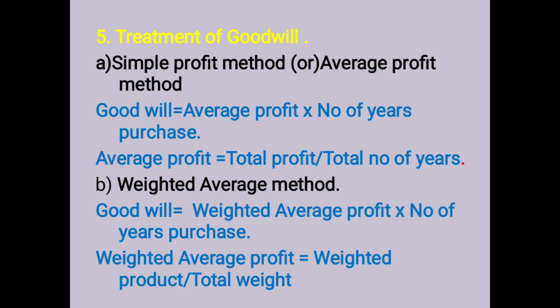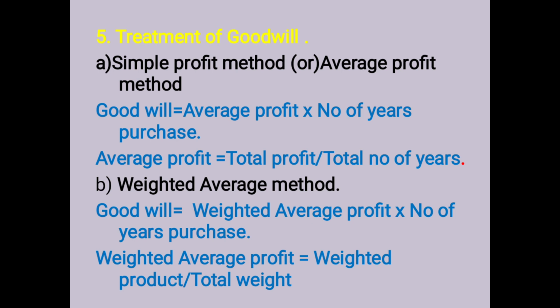The profits of the previous years are multiplied with the weights assigned, and then the average is found through the formula given. In the weighted average method, goodwill is equal to weighted average profit into number of years' purchase.